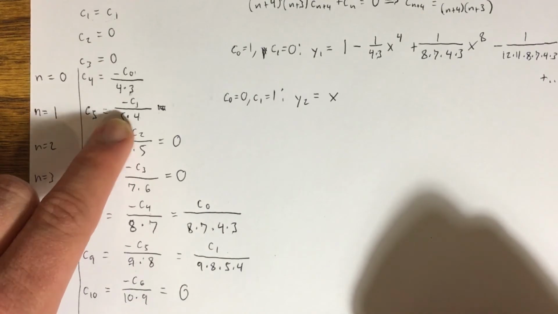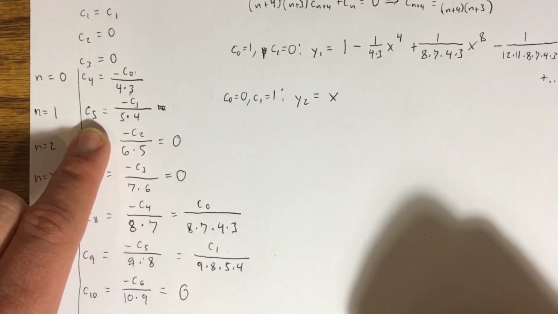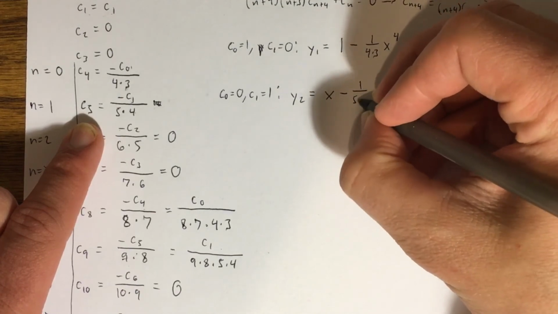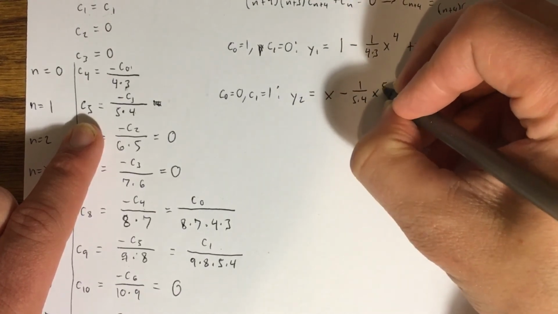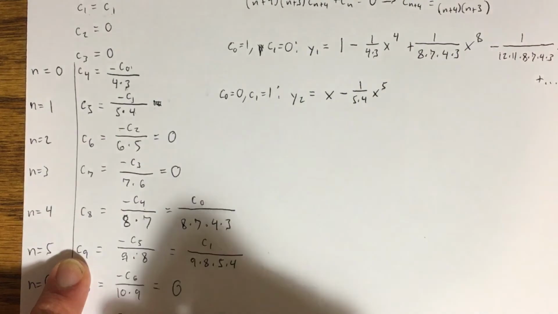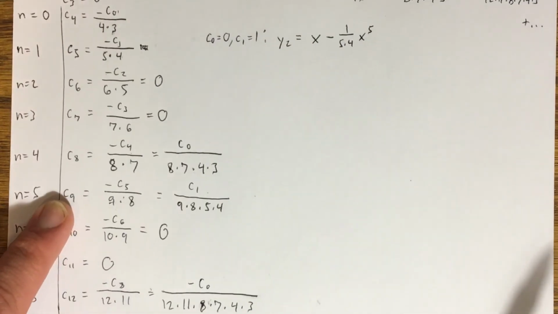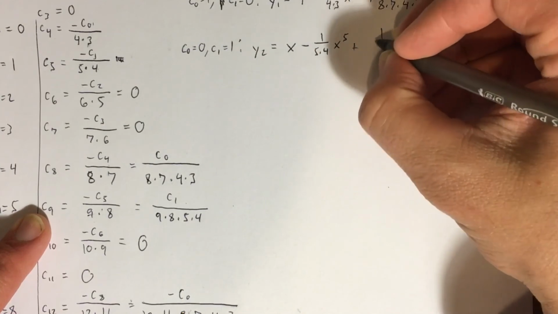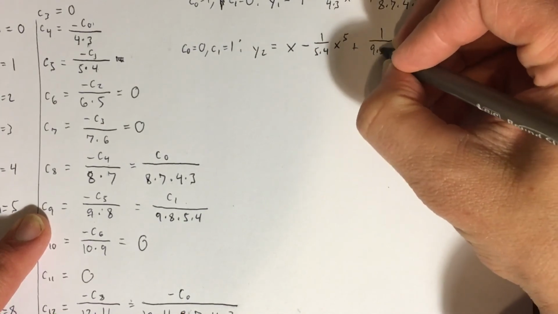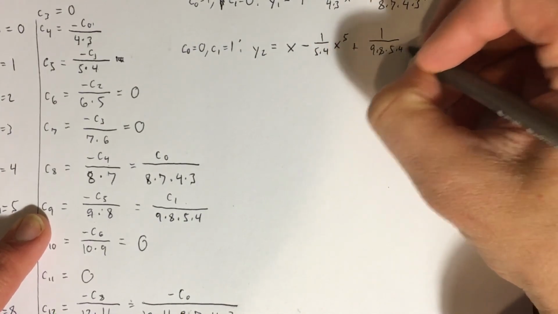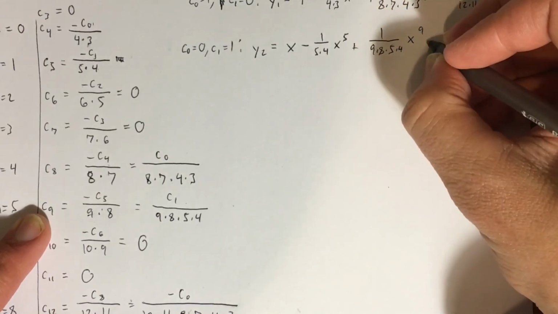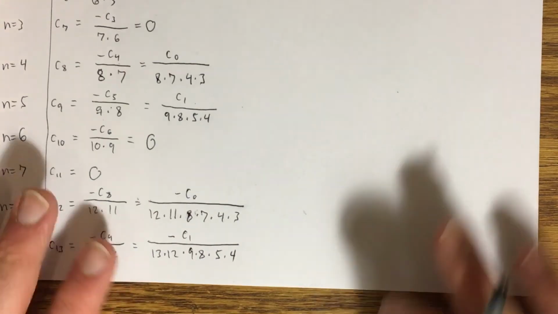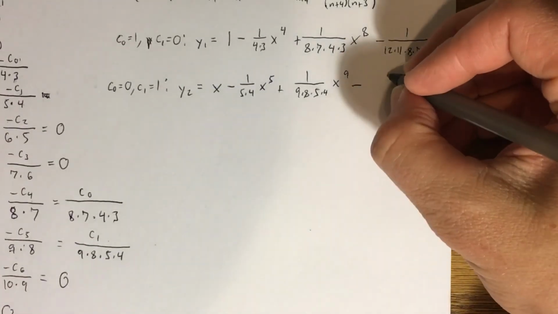This C1 appears in the C5 coefficient, so this becomes minus 1 over 5 times 4 x to the 5th. Then my next C1 appears down here in my C9 coefficient, so that's going to be plus 1 over 9 times 8 times 5 times 4 x to the 9th, minus, my next C1 term shows up down here. There's where the minus is coming from.